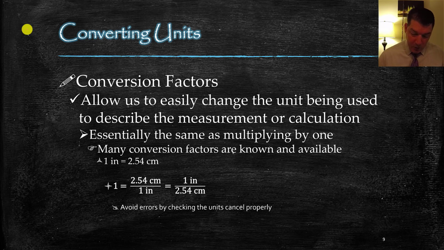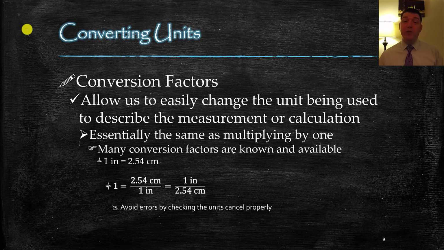Here we see an example where we could convert between centimeters and inches. There are two different conversion factors we could use, the centimeters per inch or the inches per centimeter. There are 2.54 centimeters in 1 inch, exactly, and there is 1 inch in 2.54 centimeters. Now, why would I have two different conversion factors? Turns out, one will allow you to convert from inches to centimeters, and one will allow you to convert centimeters to inches.